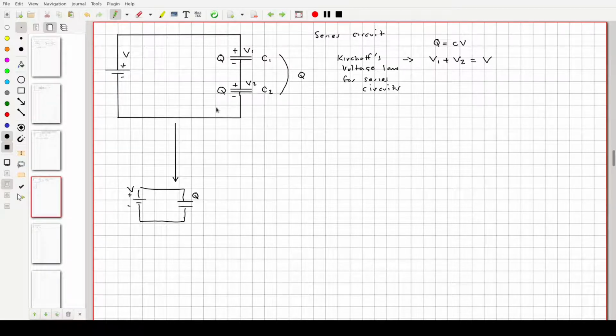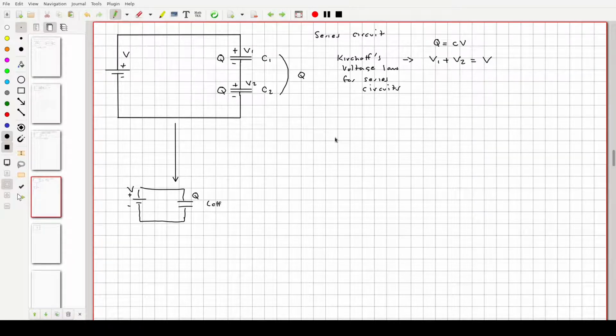You have the same Q overall that's being stored, but you have what's called an effective capacitance that gets you there. So you're reducing in complexity from two components in line with the battery to one component.